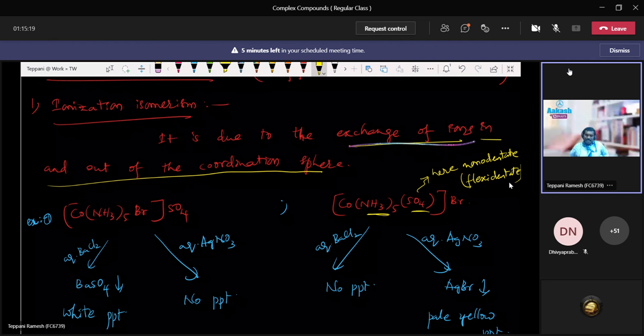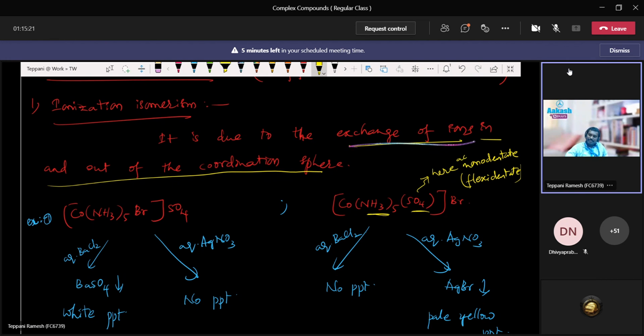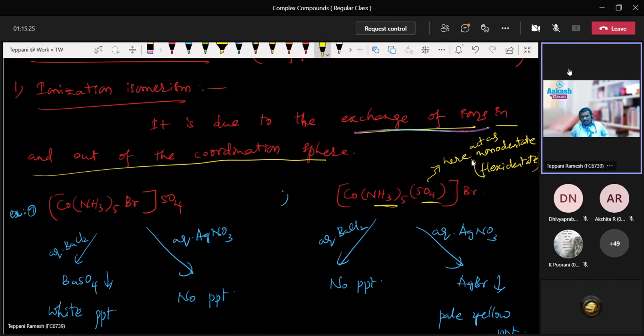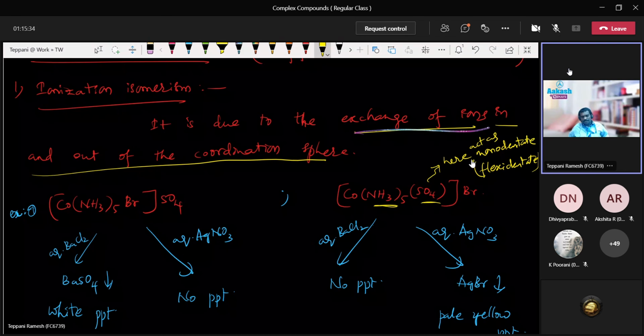Here it acts as a monodentate ligand. It has the capacity to donate 2 electron pairs. But here the requirement is 1 electron pair only, so only 1 electron pair is donated. That possibility is also there.